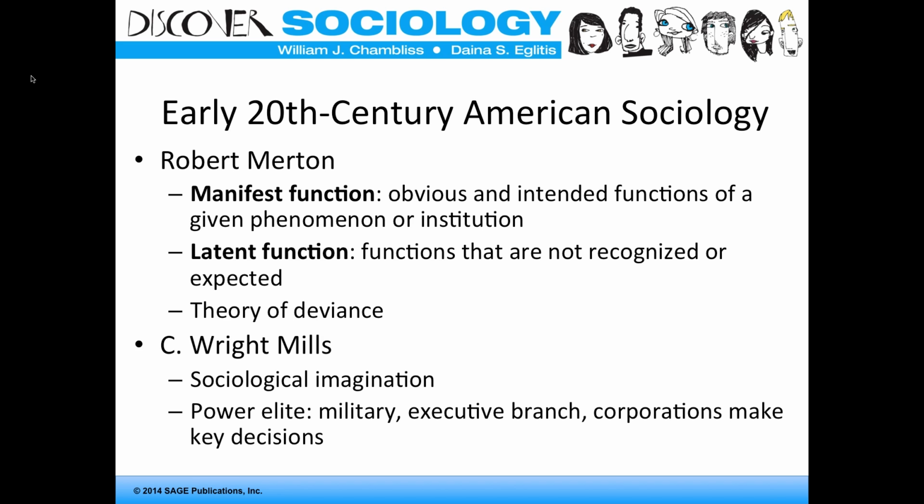And we'll talk about that more later as well. But latent functions, they can be pretty dangerous because it's the hidden stuff, the stuff that we don't realize is going on. And that's what Robert Merton was really famous for.